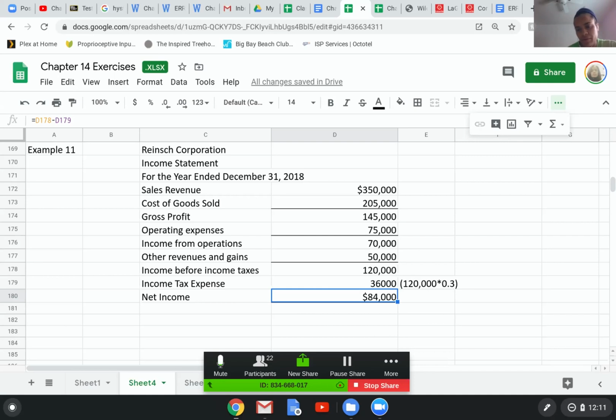Then I'm just going to go into the homework for chapter 14. I just want to show you that there's a similar question near the end of the homework. Maybe this is better if I actually write 30%, just to make it really obvious. All right.